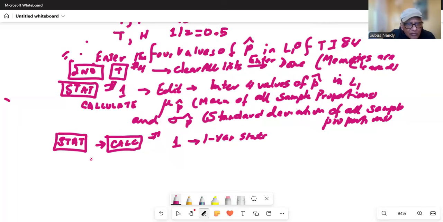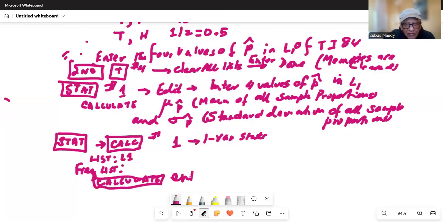My list is L1. My frequency list should be empty, I have nothing in L2. Then I calculate: bring the cursor down on calculate and hit enter. Voila. What did you get?